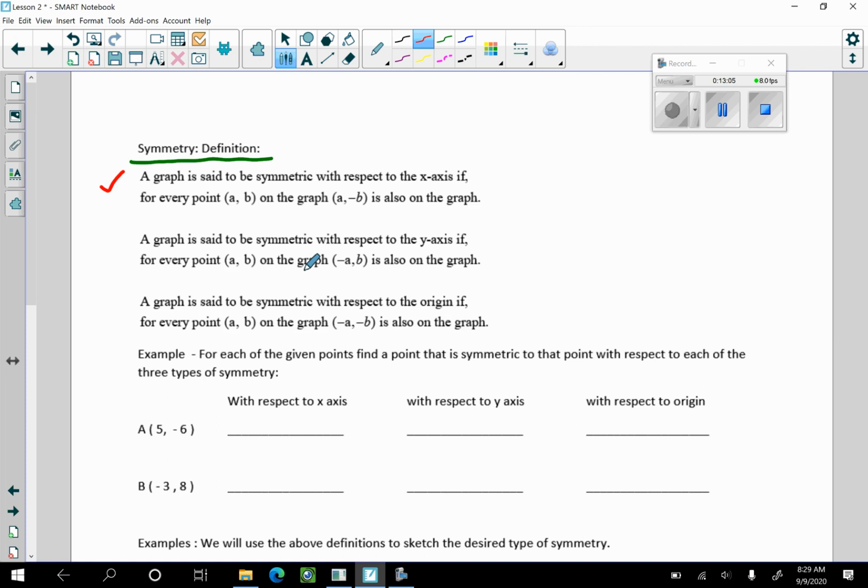That's why if for every point (a, b) on the graph, (-a, b) is still on the graph. If you notice, the y coordinates stay the same, and you have opposite x coordinates. Here, the x coordinates stay the same, and you have opposite y coordinates. This is an easy visual.